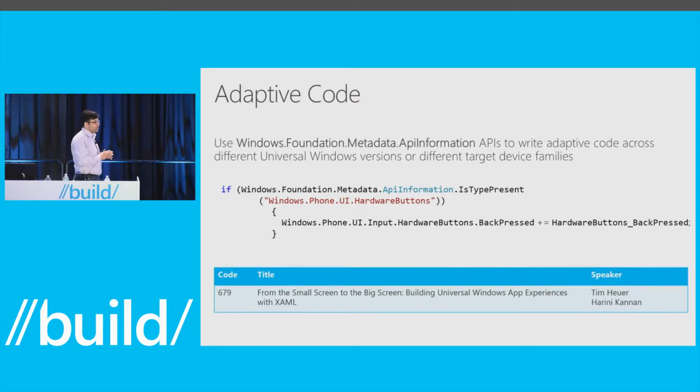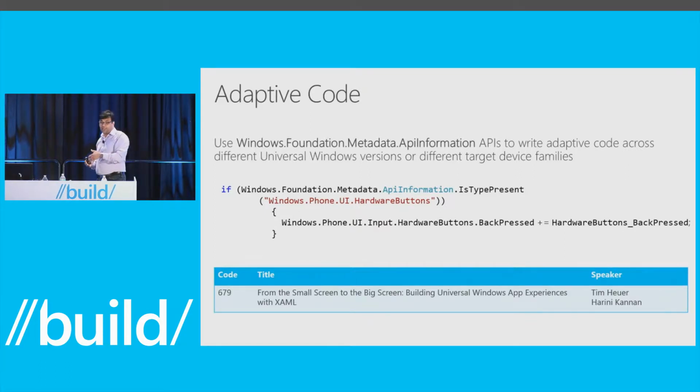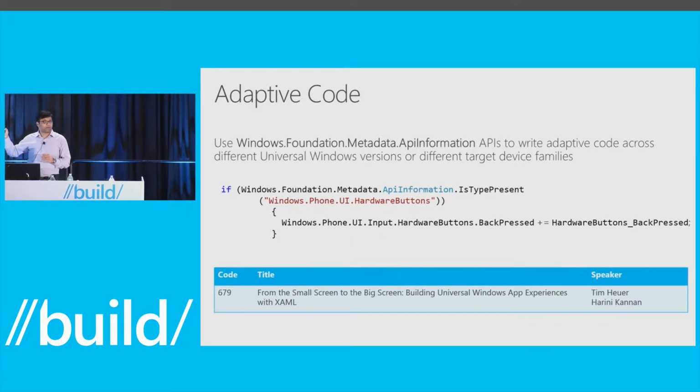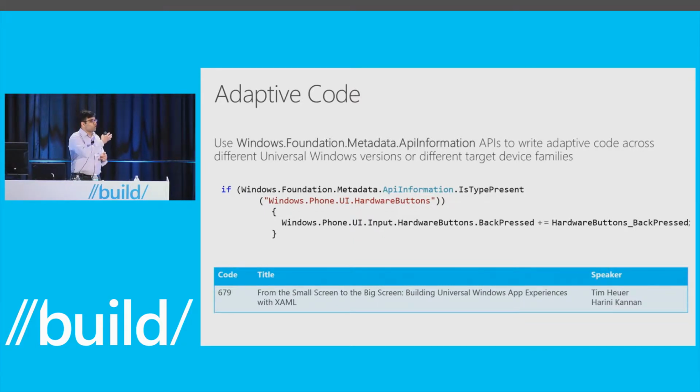They have introduced adaptive triggers, which are integrated as a part of Visual State Manager, to an extent that you can create totally different XAML files and load them based on the devices that you are running on. So it's a pretty interesting topic, and if you are interested in adaptive UI, we strongly recommend you attend this session, and they will be covering it in depth.